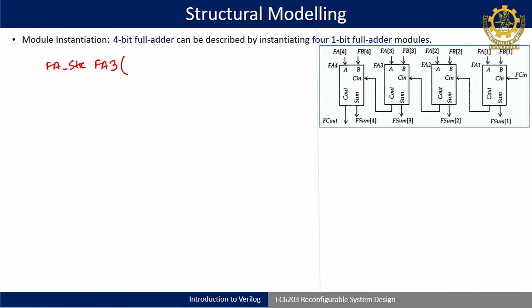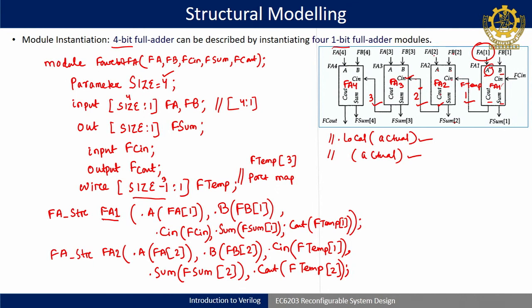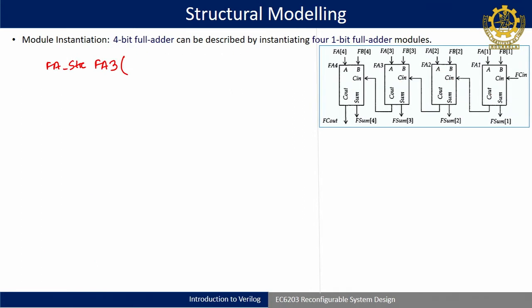But in that case, you have to see what is the order you have to maintain. Like first I am always writing A, B, then Cin, then sum, then Cout. So first you write A is connected to FA3. Directly the actual I am writing, now no dots.